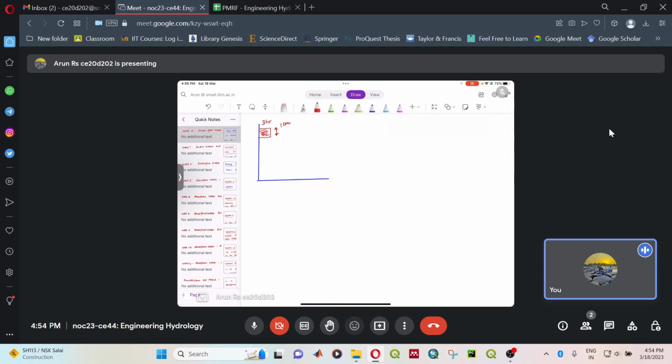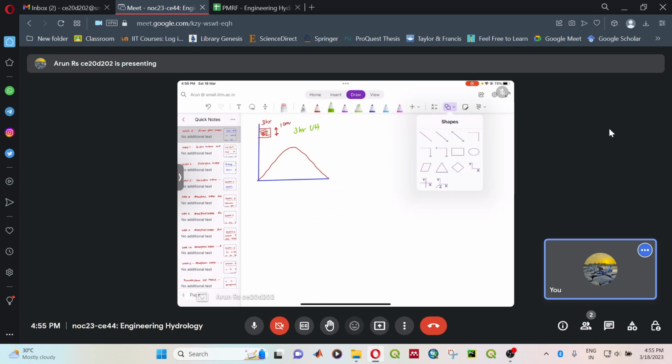So the resultant of this in a catchment will be a 3-hour unit hydrograph, because it has the excess rainfall of 1 centimeter that is happening. So this is nothing but a 3-hour unit hydrograph.